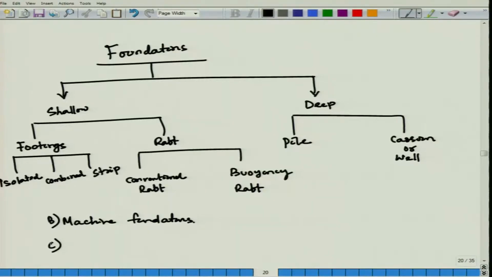The third part is most important, that is also part of geotechnical engineering, that is your retaining structures.